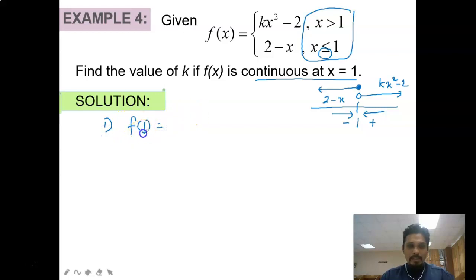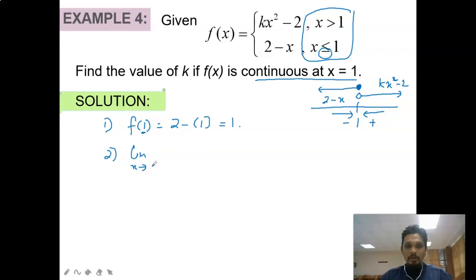When x is exactly equal to 1, it is only valid for 2 minus x, because x less than or equal to 1 is for 2 minus x. So 2 minus 1 equal to 1. Then we compare with the limit on the other side of this.